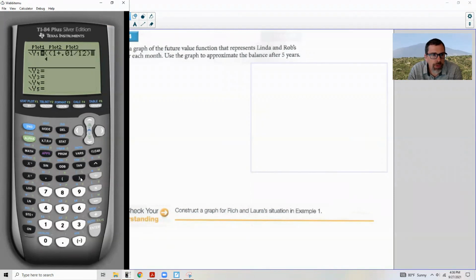Okay, close the parentheses, to the power of 12 times 10, which is 120, minus 1, close the parentheses, divided by, and I'm just going to put the denominator in its own parentheses, 0.01 interest rate divided by n, which is 12 times a year. And hit enter and hit graph.